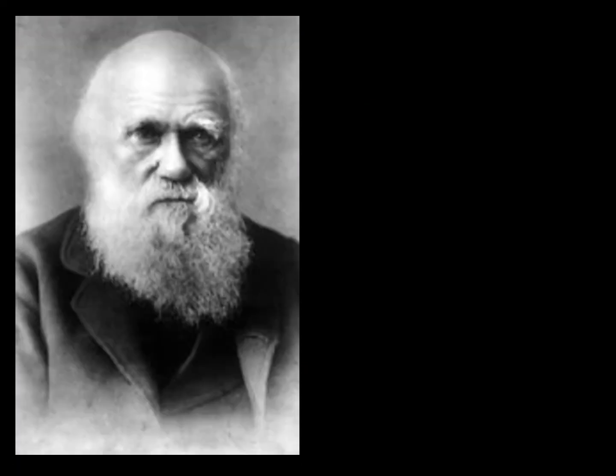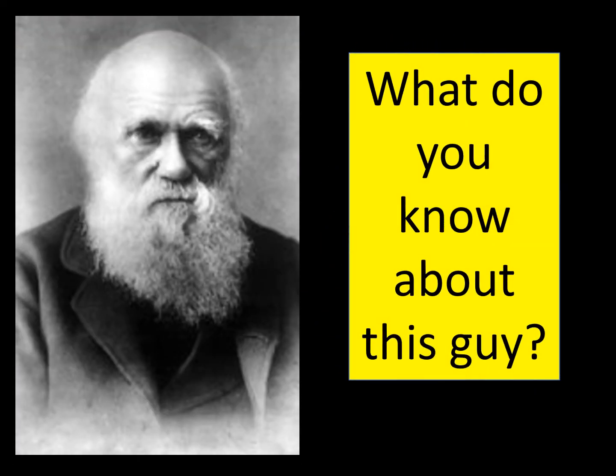If you have studied evolution before, you have probably come across this man. So I want you to think about what you possibly know about Charles Darwin. Number one, you probably know he has something to do with natural selection. When he was younger, he went on a boat called the HMS Beagle. It took him around the world. He was a naturalist.